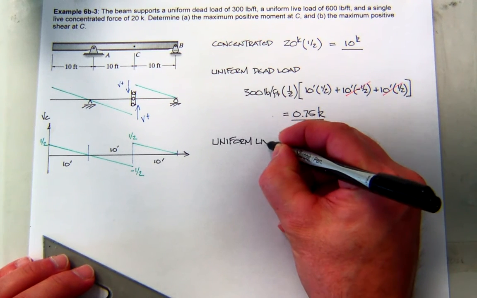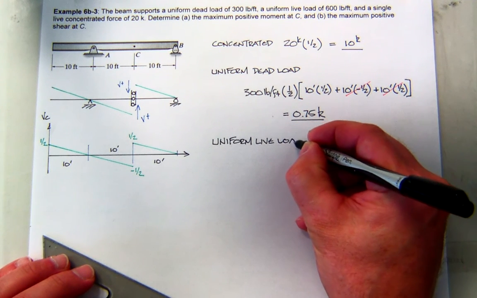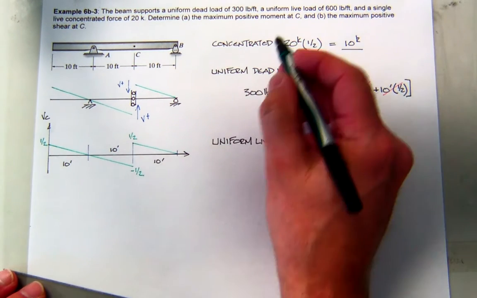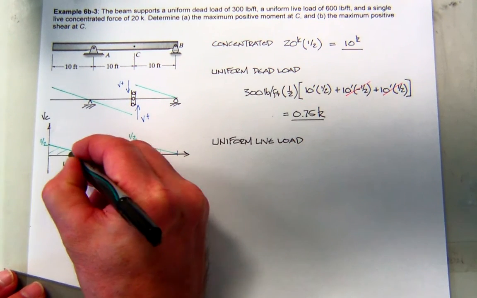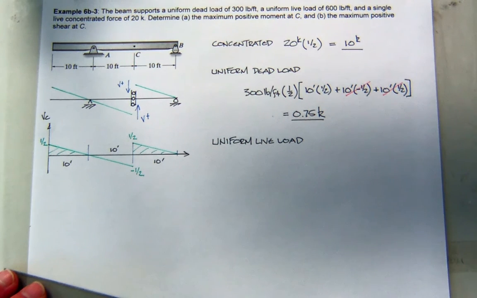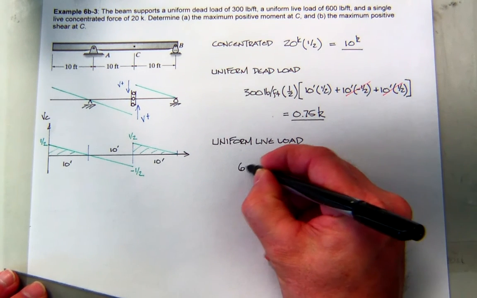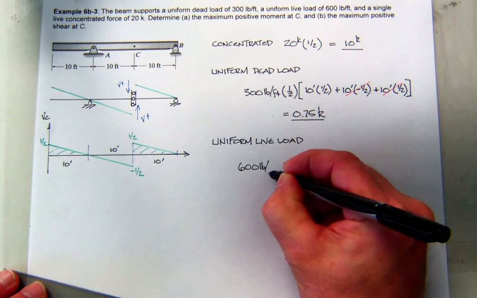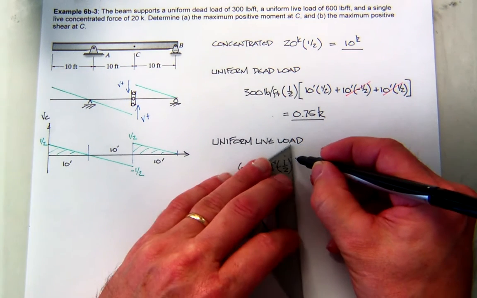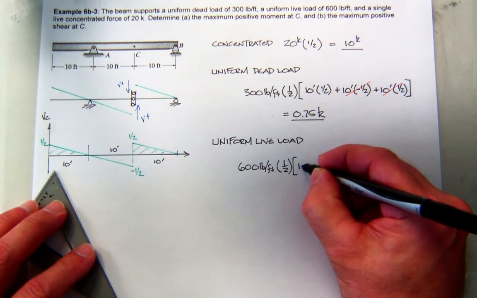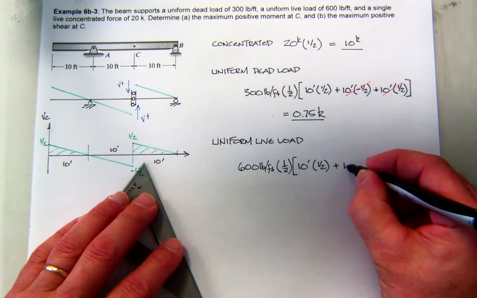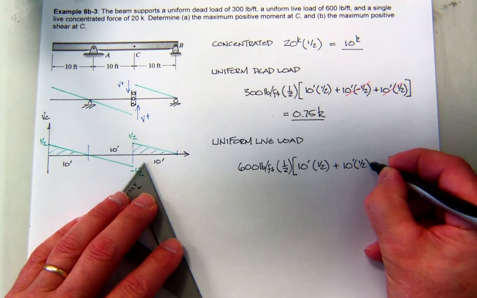So now with the uniform live load, we can start and stop it and do what we want. And you can see in this particular drawing, since we're looking for positive, there are 2 sections that are positive: the first 10 feet and the last 10 feet. So we're going to consider both of those. We take our 600 pound per foot intensity, and again, there are 2 triangles, so I'll make it half. The first one has a base of 10 and height of 1/2, and the second one has a base of 10 and a height of 1/2.